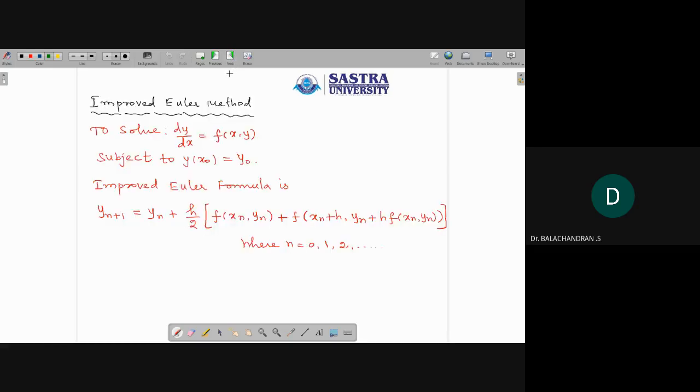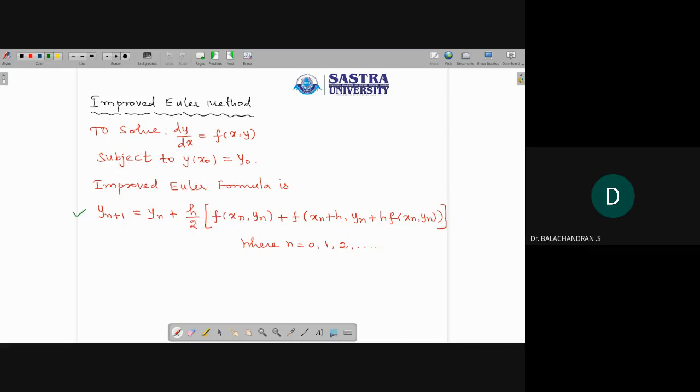Next method, improved Euler method. Okay, so to solve dy by dx is equal to f of x comma y, subject to the initial condition y of x not equal to y naught. So improved Euler formula. You should remember this formula also. The previous one is easy to remember, but there is no other way.